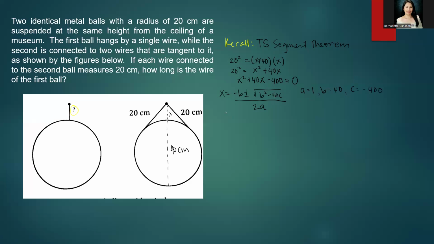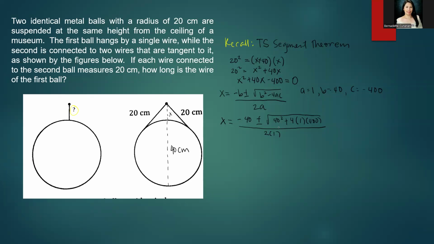So substituting the given in the formula, we have x equals negative 40 plus minus square root of 40 squared minus 4 times 1 times negative 400. So this will now then be plus since negative of negative would mean plus or addition. And then all over 2 times 1.